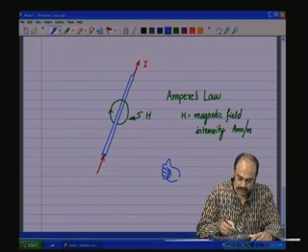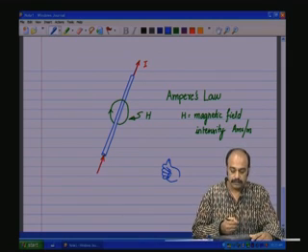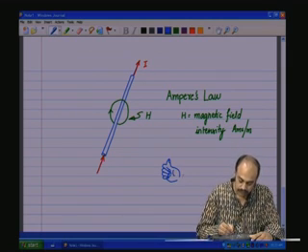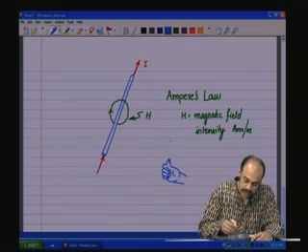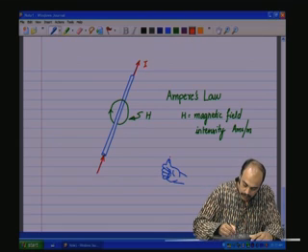Okay, so we have the right hand, we have the thumb, so is the wrist. Now let the thumb point in the direction of the current.